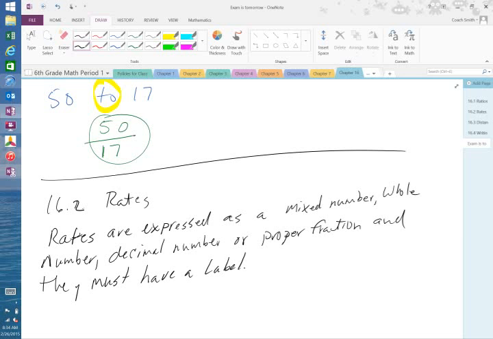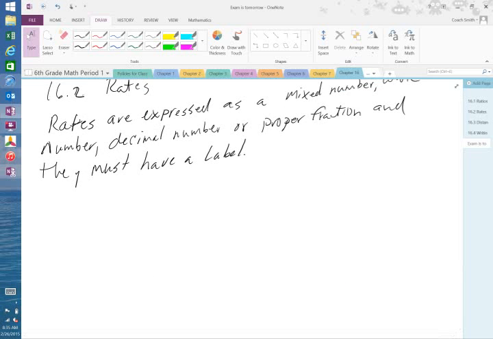Okay? So, I had this problem right here, 40 miles in 8 hours. And I want to know the unit rate. So what do I have to do to find the unit rate? 40 over 8.